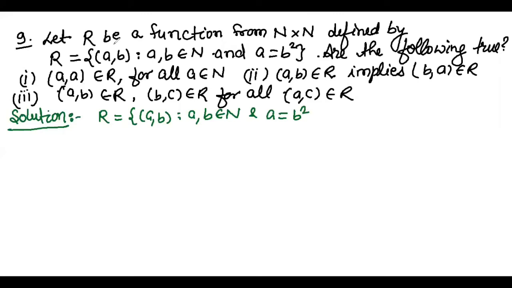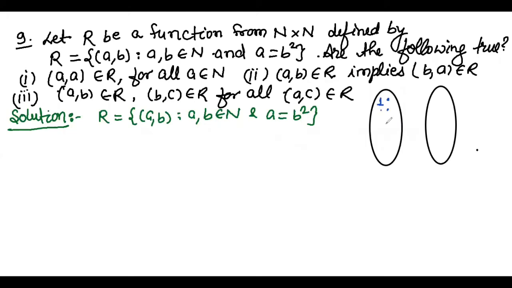So I am going to draw an arrow diagram for this. Natural numbers means 1, 2, 3, 4 and so on.